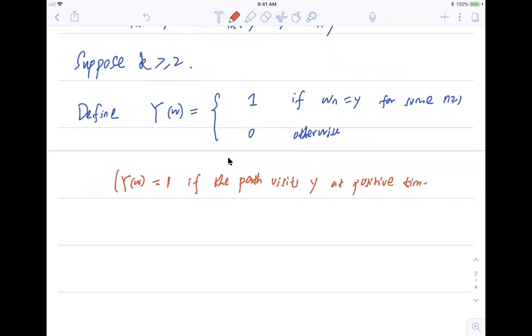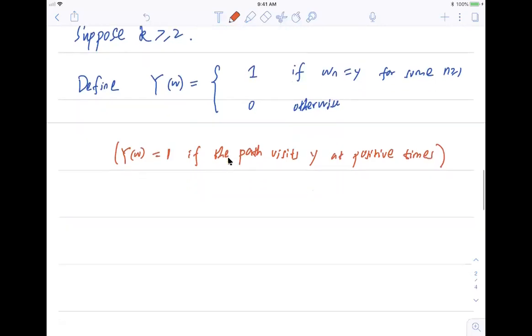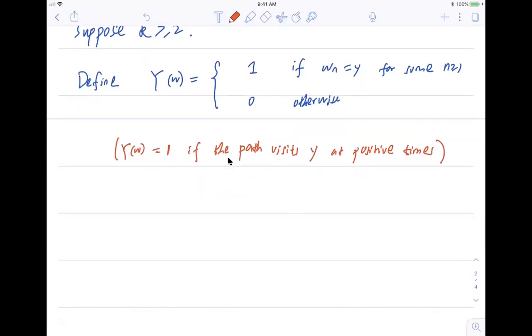As I said before, in this proof, 0 time really doesn't matter, and 0 initial doesn't count.